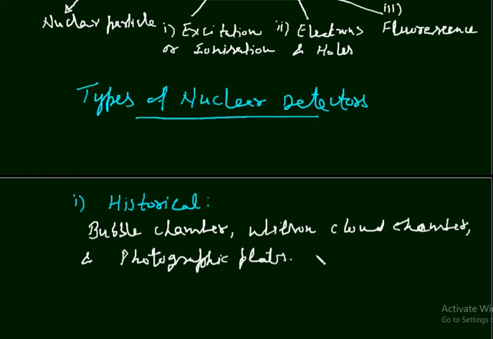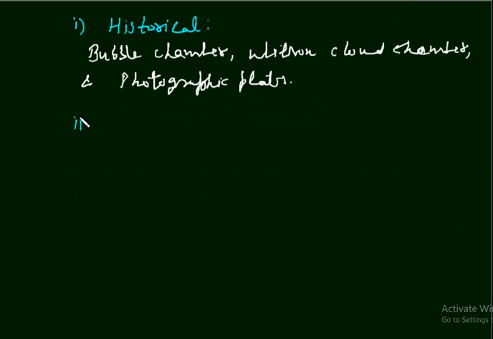These detectors have their historical importance only. Now they are not in use. Second type is detectors for radiation protection.